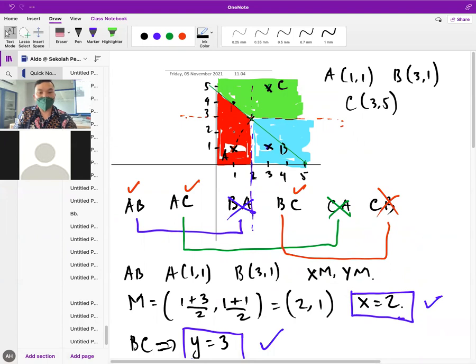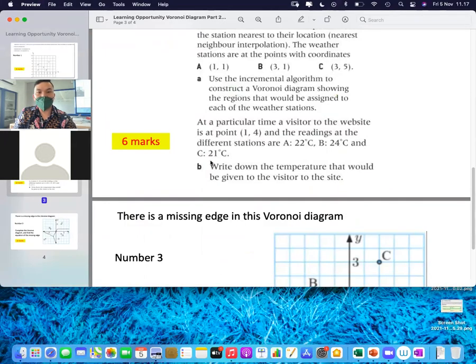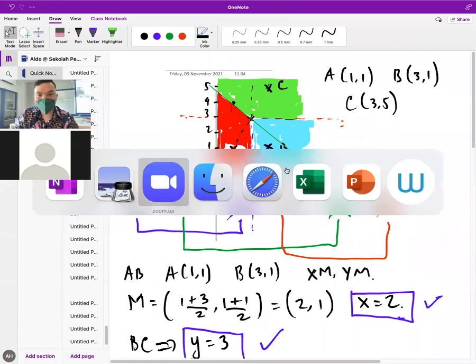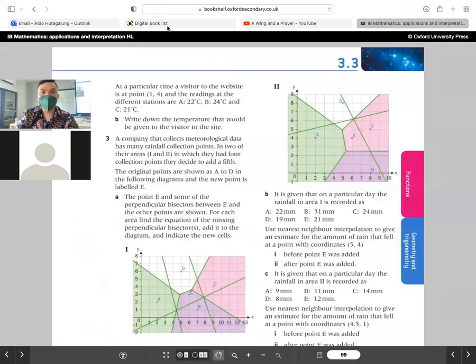If it is in cell A, then the temperature of this visitor is 22 degrees Celsius. If 1, 4 is in cell C, then the visitor will experience a temperature of 21 degrees Celsius. That's the idea. Now, how do you make sure of that? You can use Desmos here. So, where's Desmos here?